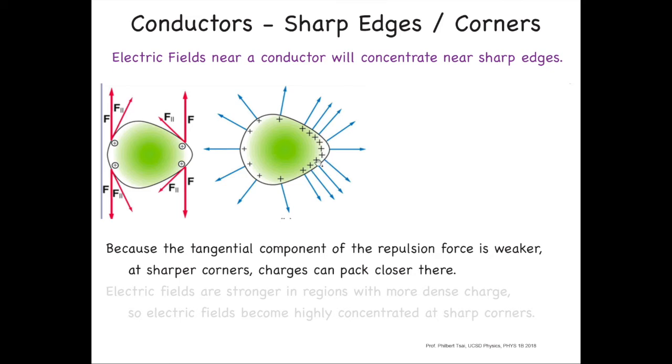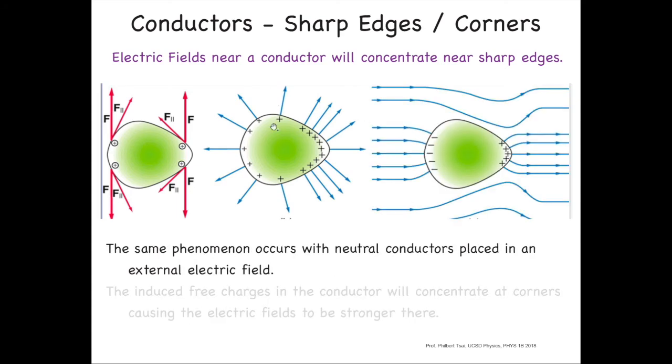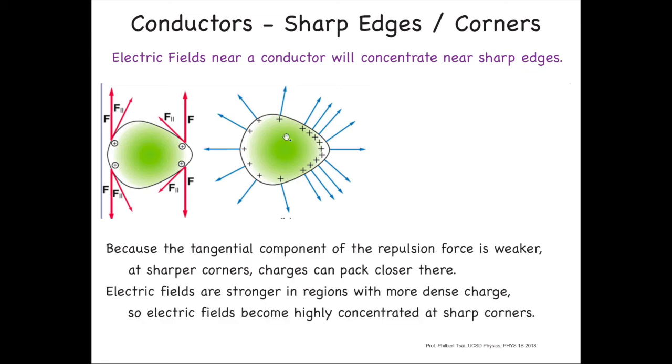So you'll have more positive charges packed together near a sharp edge than when you have a smooth, more rounded contour. If you have excess charges, like we drew here, then the excess charges will be more concentrated at the peak.